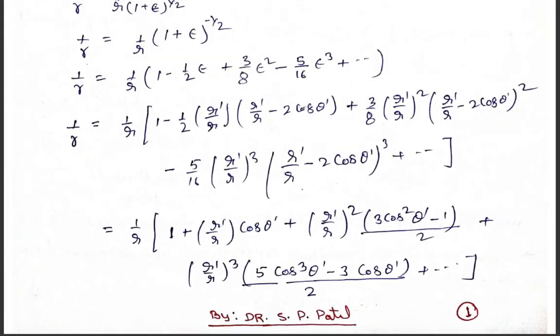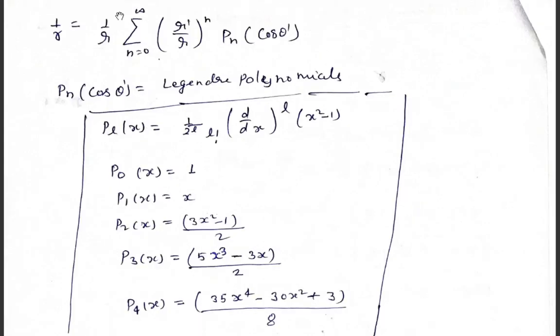If you go back here, 1 upon r is there, and this whole bracket quantity can be written as summation over n equal to 0 to infinity of (r prime upon r) to power n, Pn cos theta prime, where n moves from 0 to infinity. This Pn cos theta prime is known as the Legendre polynomial, and this term I have already introduced when we were learning the multipole expansion of scalar potential.